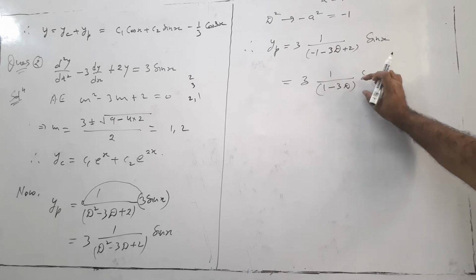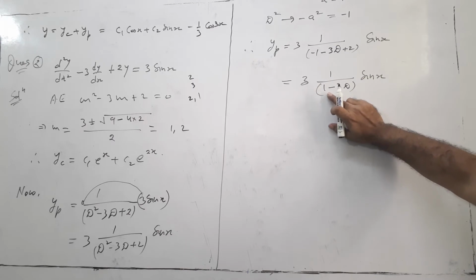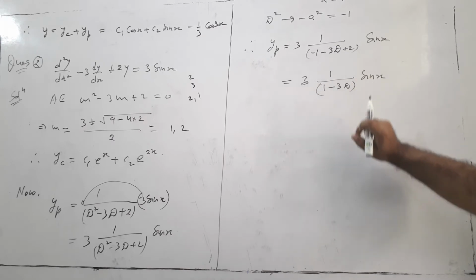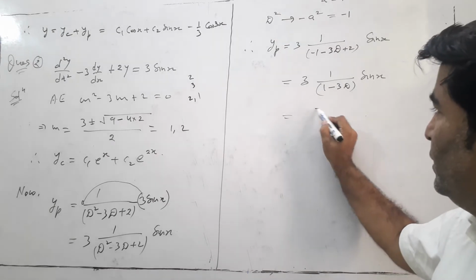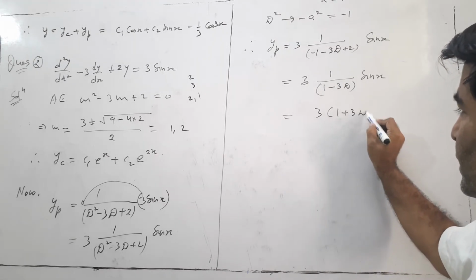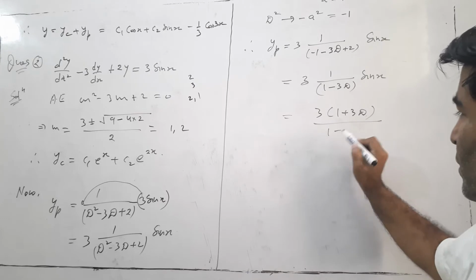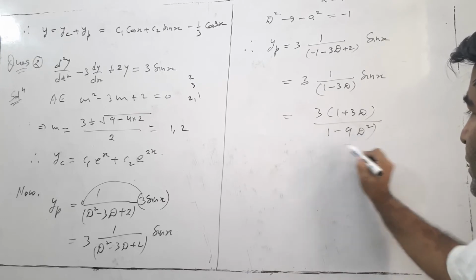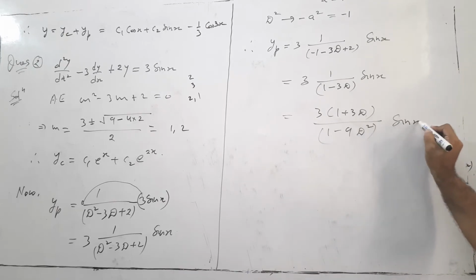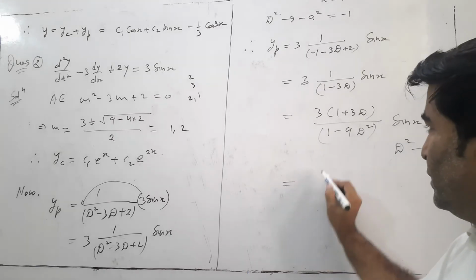We multiply the numerator and denominator by the opposite sign of this factor, 1 plus 3D, so this will be 3 times 1 plus 3D upon 1 minus 9D square sin x, and D square is replaced by minus 1.